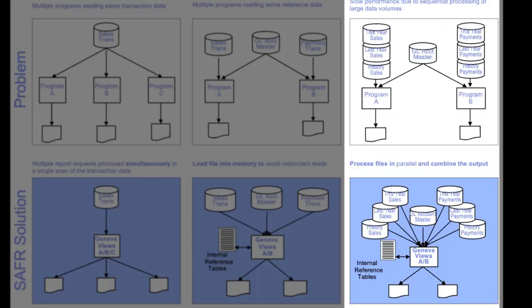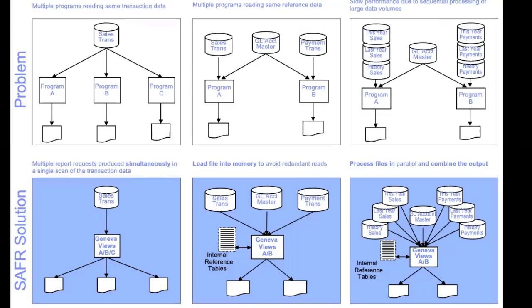So instead of stacking up all of the transaction files and reading them sequentially, we could break up and read each one of those in parallel to produce our output. So through those three major steps, GenevaERS built in its major optimization features.